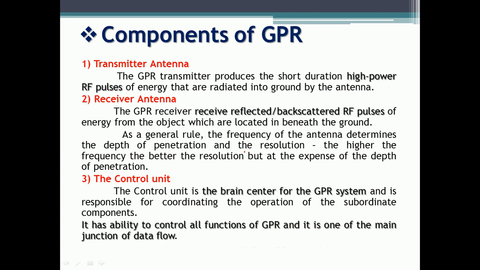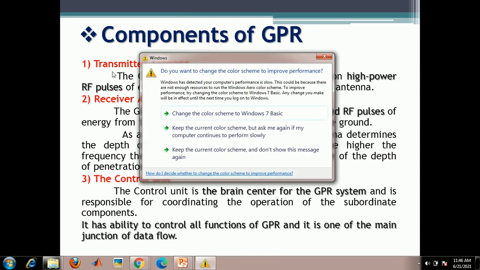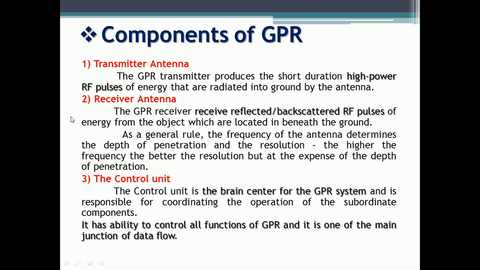Now the transmitter unit is nothing but the transmitter antenna, which produces high power pulses, that is, electromagnetic waves generated by the transmitter antenna. It transmits these waves into the ground surface.